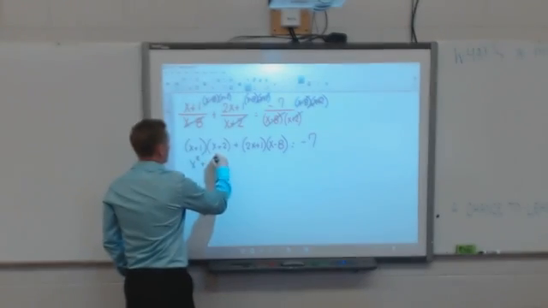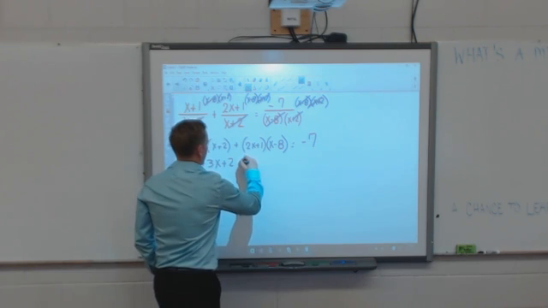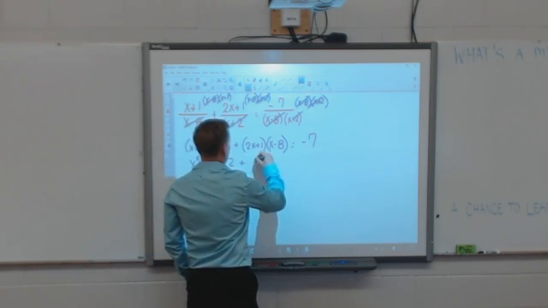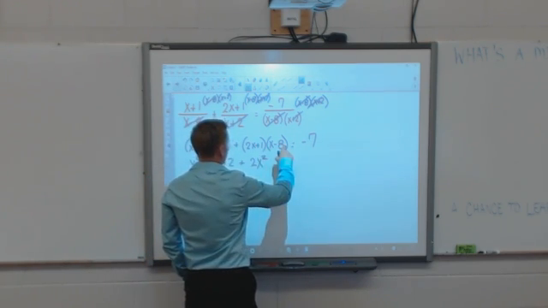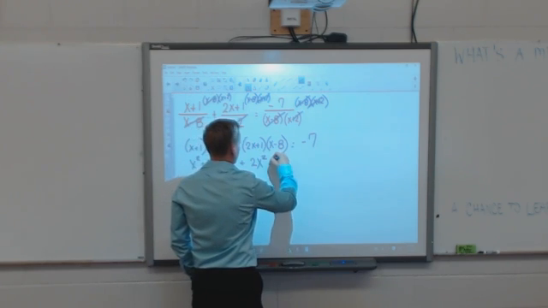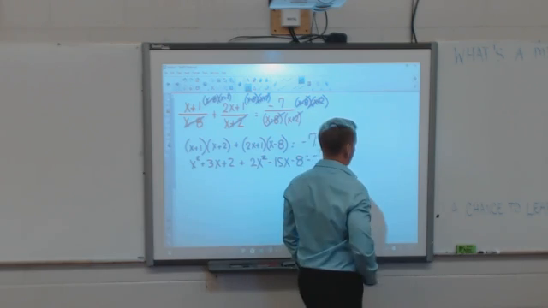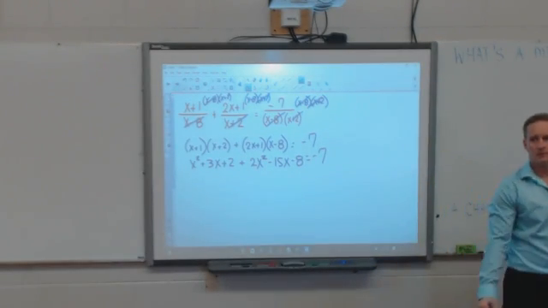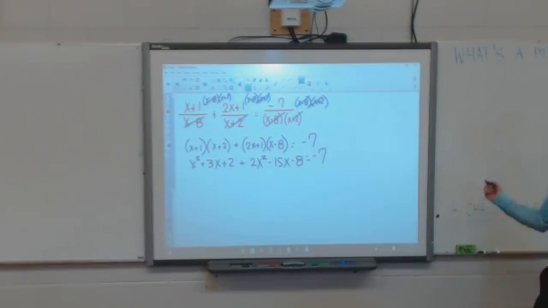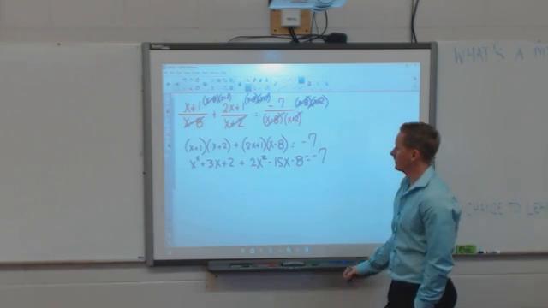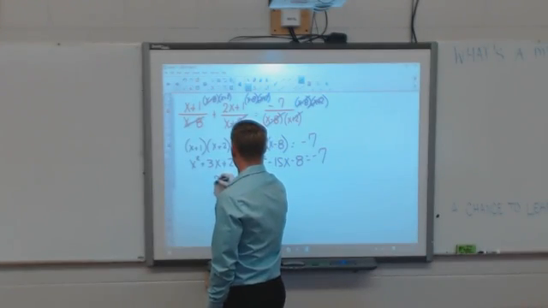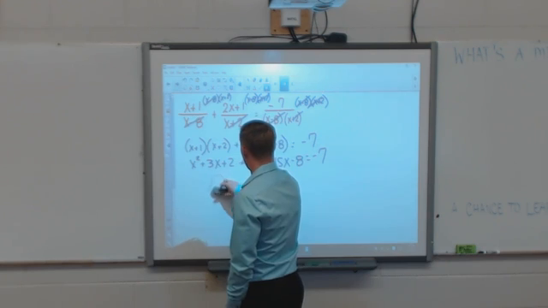So x squared plus 3x plus 2, add 2x squared minus 16 plus 1 is minus 15x minus 8 equals negative 7. Okay? And then get everything to one side. 2x squared and x squared is 3x squared.